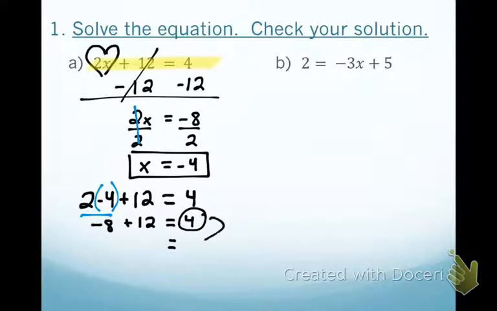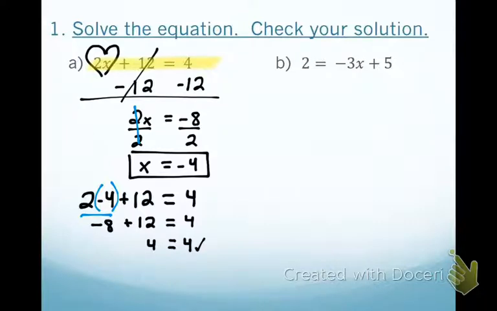Once again, there's nothing to do here, so I'm just going to drop down the 4. And on the left-hand side, same sign or different sign? Different. Subtract and take. What is -8 plus 12? 4. 4 is correct. Class, does 4 equal 4? Yes. Give yourself a mini check mark, and you know that it did check out.